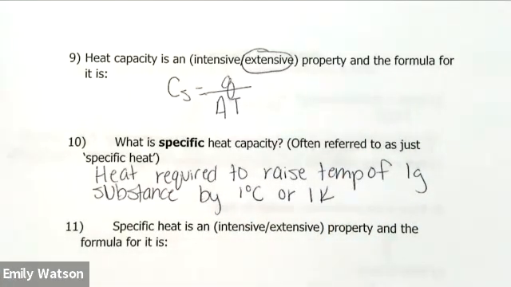The way that I remember this is because the specific heat capacity is a lot more specific than the heat capacity definition, right? Because we're adding one more thing, we're narrowing it down, it's getting more specific.